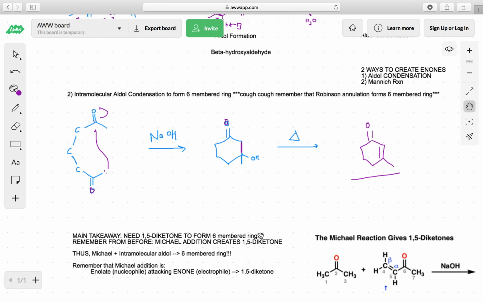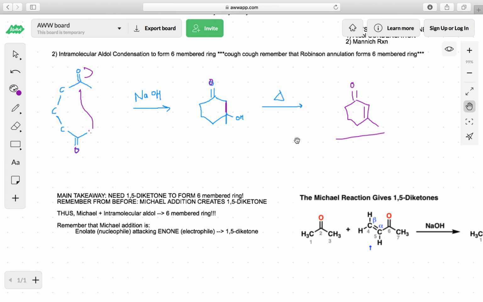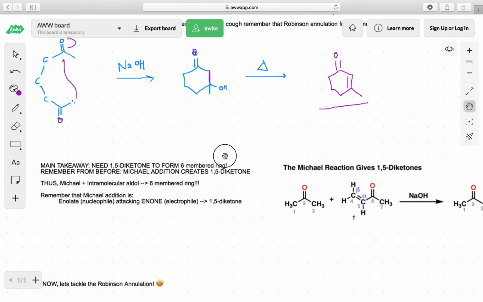This should ring a bell, because in the previous reaction we learned that Michael addition actually creates a 1,5 diketone. That's why these two reactions are paired together. The Michael addition creates the 1,5 diketone for our aldol condensation to use to create the 6-membered ring. Now that sounds like a lot. We'll get into the nuances later, but I just want you guys to understand why these reactions are paired together.